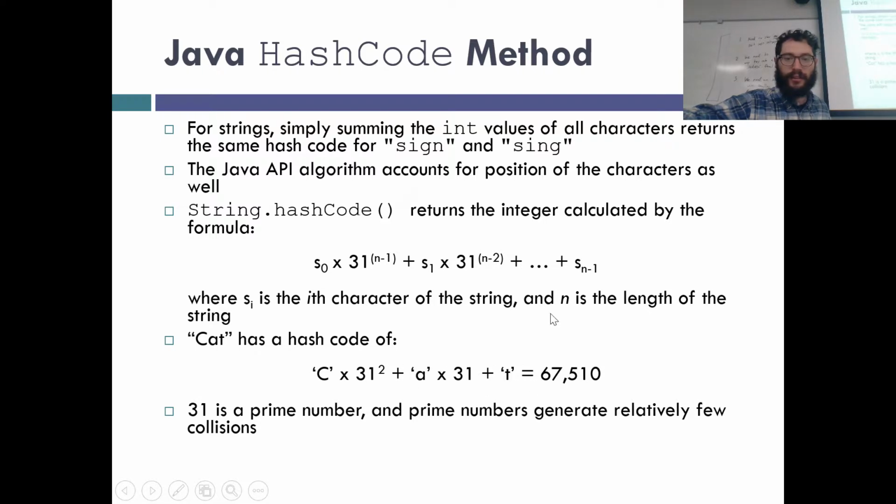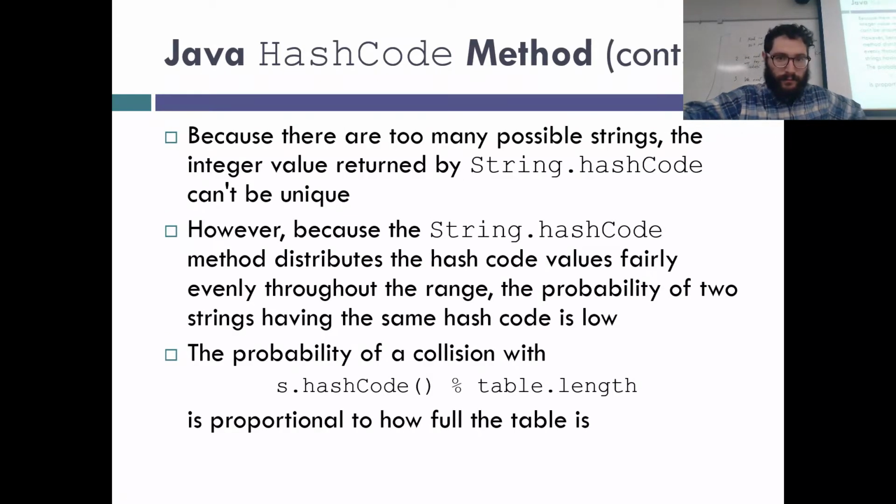All those values together give it a relatively unique ID of 67,510. Strings aren't always going to return a unique value because there's an infinite number of strings, but it's a fairly random value.